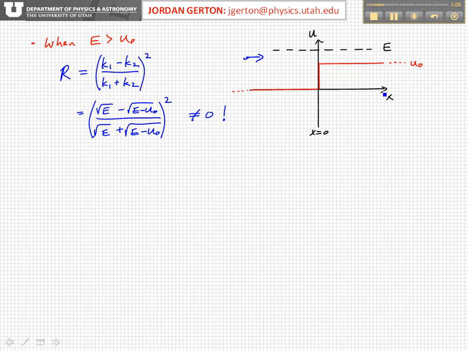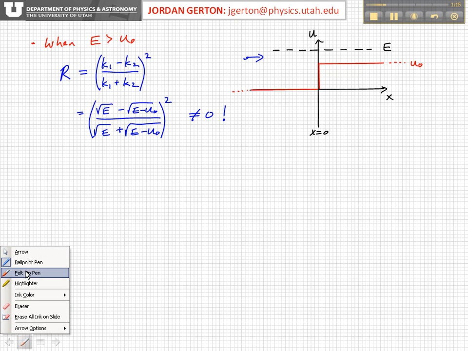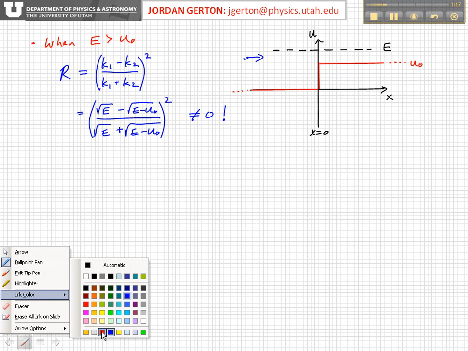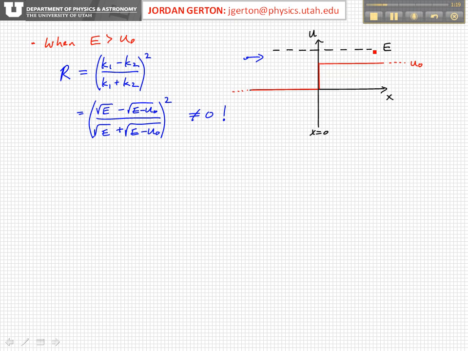And in particular, it's really interesting to note that if the particle was incident from the right with the same energy greater than u naught, or equivalently if it was incident from the left but we had a step down potential, one way to visualize that would be if we kept everything the same, but instead of u naught being positive, it was negative.